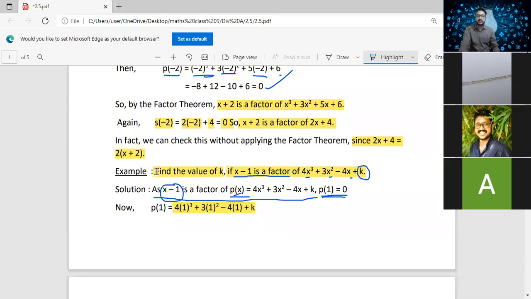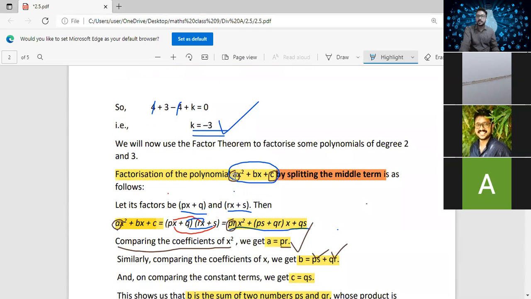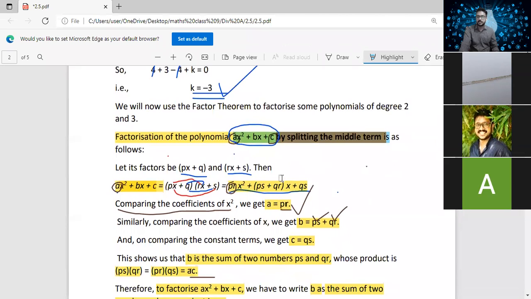and in the same manner we have solved two questions, and now we have learned the factorization of polynomials by splitting the middle term. The method was shown, and in our next class we will be using this method and the factor theorem to factorize polynomials.